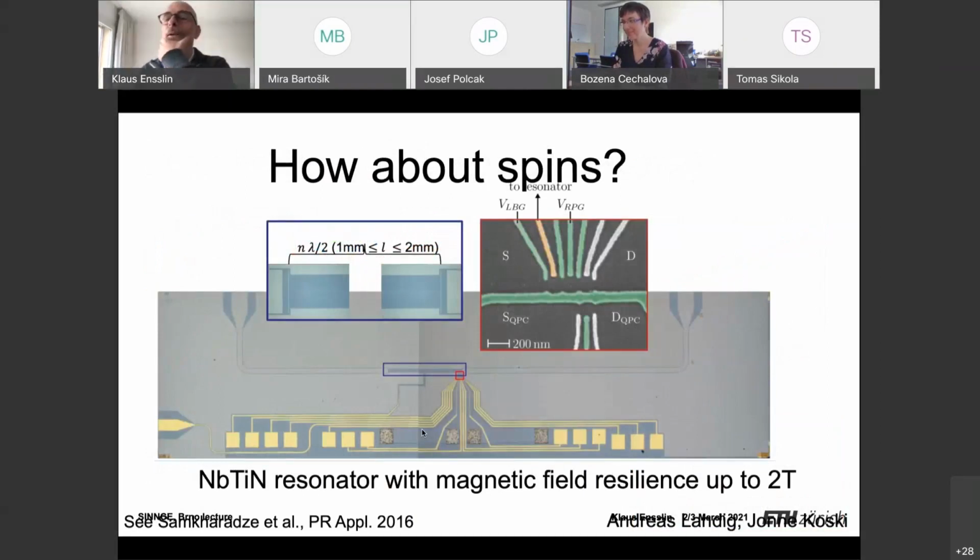Okay, how about spins? Well, that's a complicated question because spins are magnetic dipole moments. And magnetic dipole moments don't couple to fluctuating electric fields. They couple to fluctuating magnetic fields. But the magnetic dipole coupling is orders of magnitude weaker than electric dipole coupling.